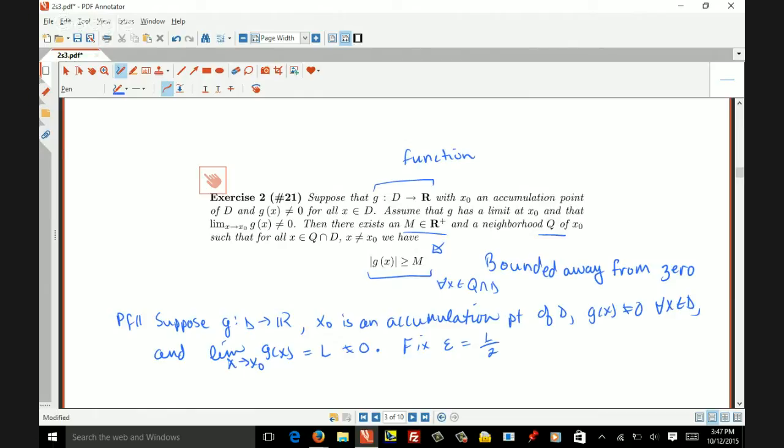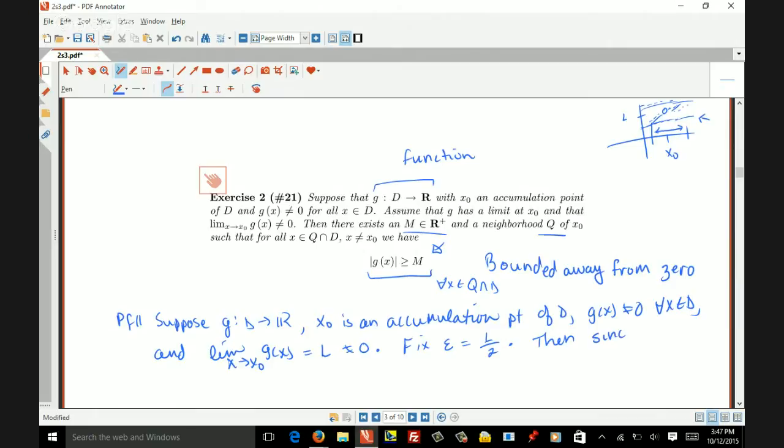Here's my L, and I know that I'm approaching some value here at x naught, at L. If I have L over 2, then the limit has to be in this region for some delta values down here. So inside these x values from here to here, I know that g of x is bigger than that lower bound of L over 2. That's why I'm choosing epsilon to be L over 2. It gives me a lower bound.